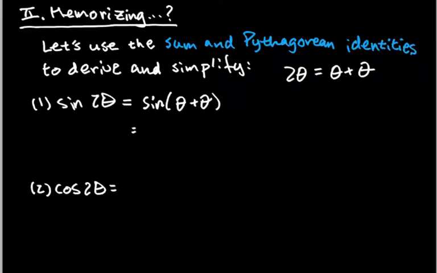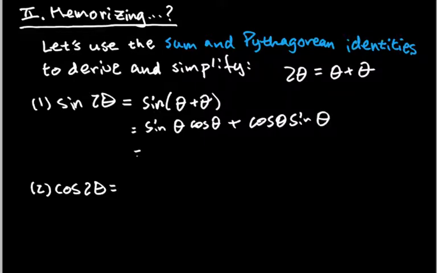In other words, if we use the sum and difference formula, we get sine of theta times cosine of theta. So sine of the first angle times cosine of the second angle, which are the same in this case, plus cosine of the second angle times sine of the first angle. So sine times cosine is the same as cosine times sine. The order doesn't matter there, because it's multiplication.